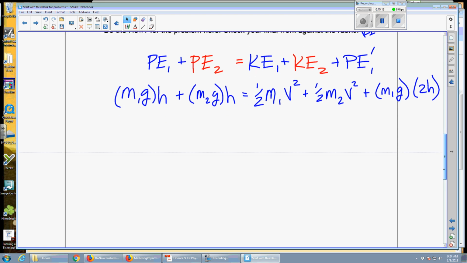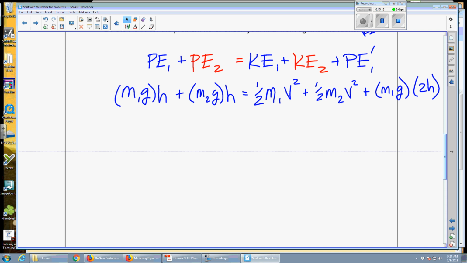Now they want me to solve for v. They want to know speed. So try some algebra magic. See if you can get v by itself.